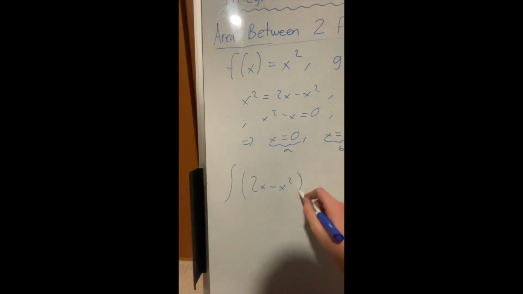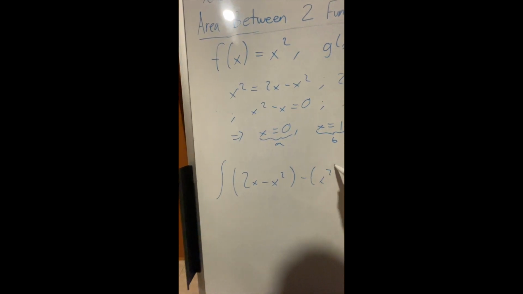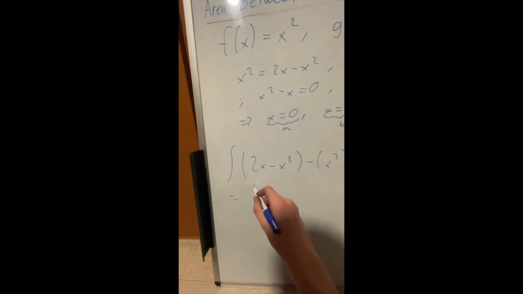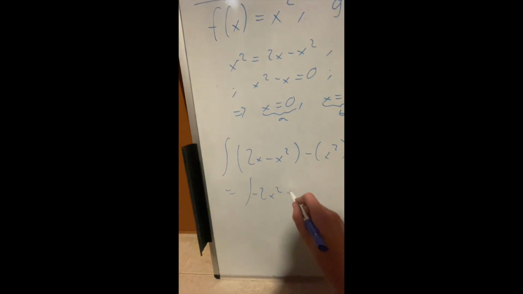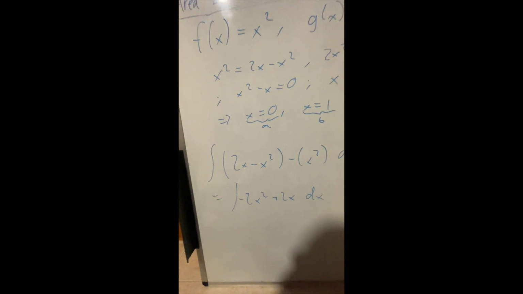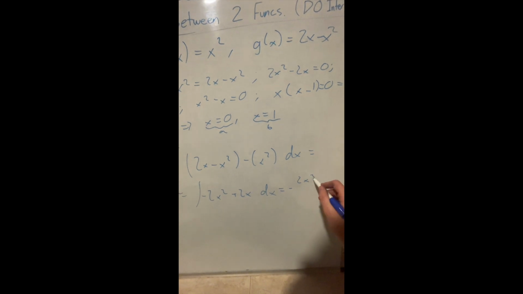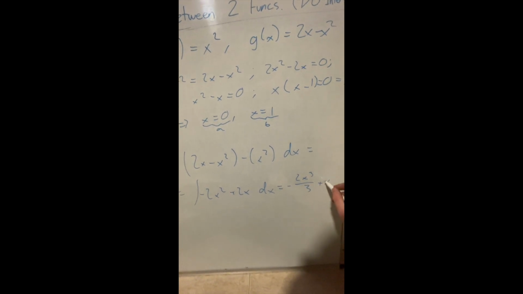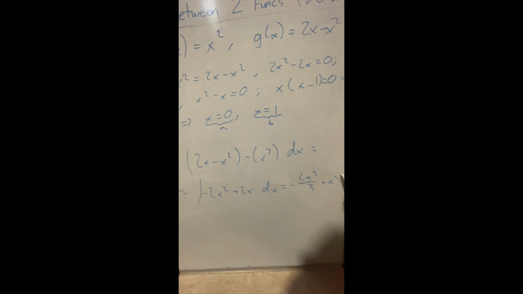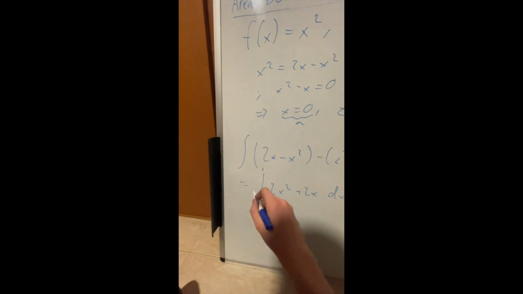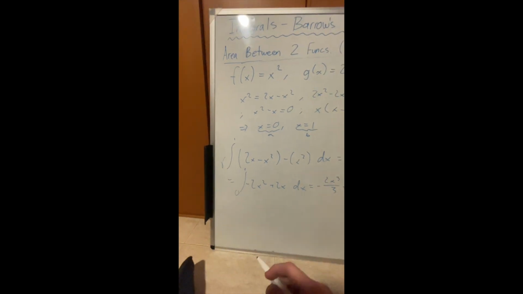2x minus x squared minus x squared dx is going to be equal to the integral of minus 2x squared plus 2x dx, which is equal to minus 2x cubed over 3 plus x squared applied to 1 and 0. This is 1 and 0, and this is 1 and 0, of course.